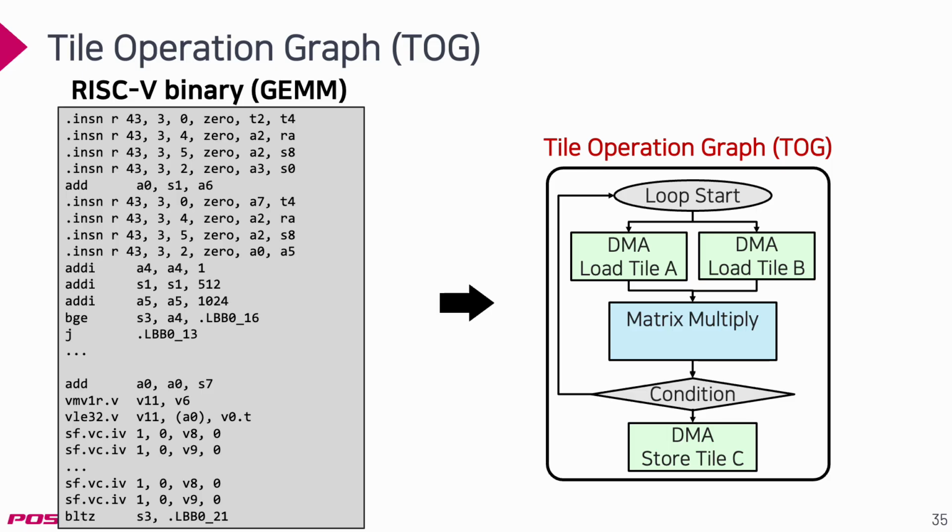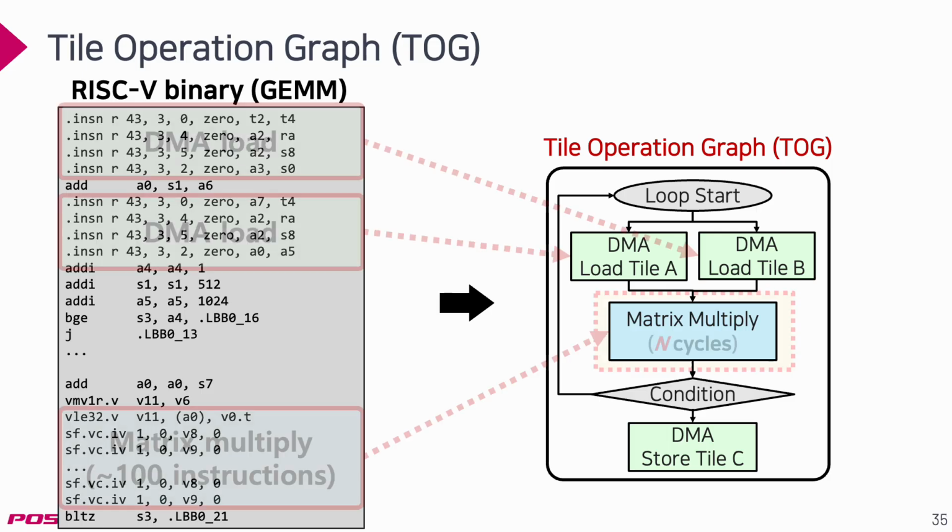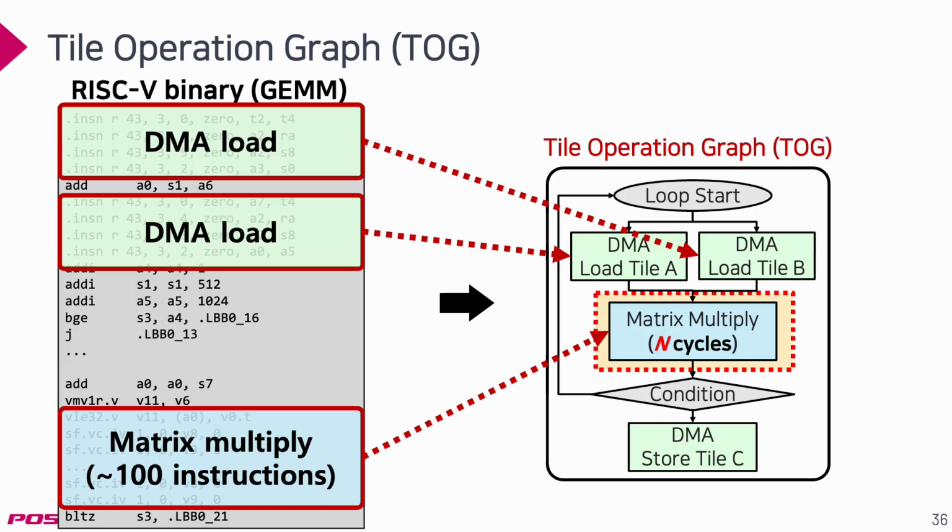So instead of simulating all these instructions from the binary every time, we can turn this into a dependency graph modeling different operations. Things like DMA load can become one node, and the matrix multiply computation, as well as other things fused with it, can also be modeled as a single node in the graph.